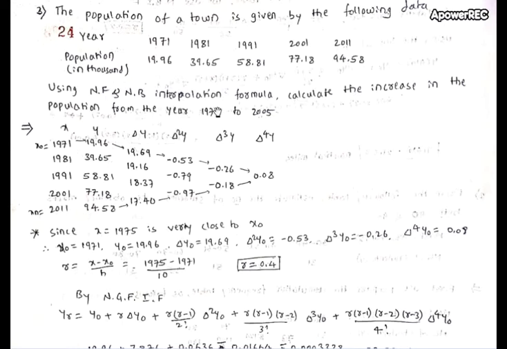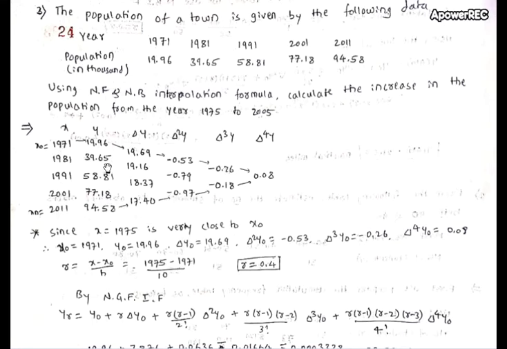Using Newton's forward and backward interpolation formulas, calculate the increase in the population from the year 1975 to 2005. First, prepare the table for x and y: 71, 81, 91, 2001, 11. The beginning value is called the x naught value, the end value is xn. The y values are 19.96 to 94.95.